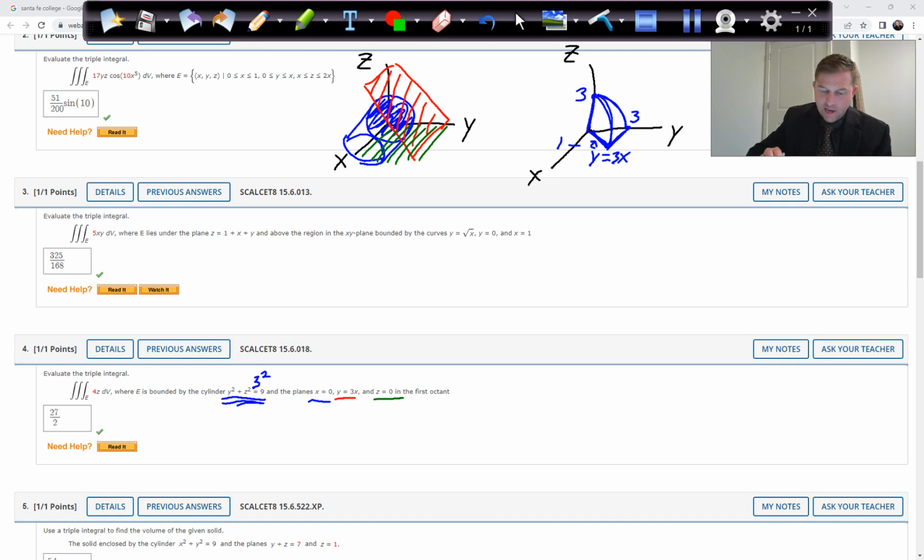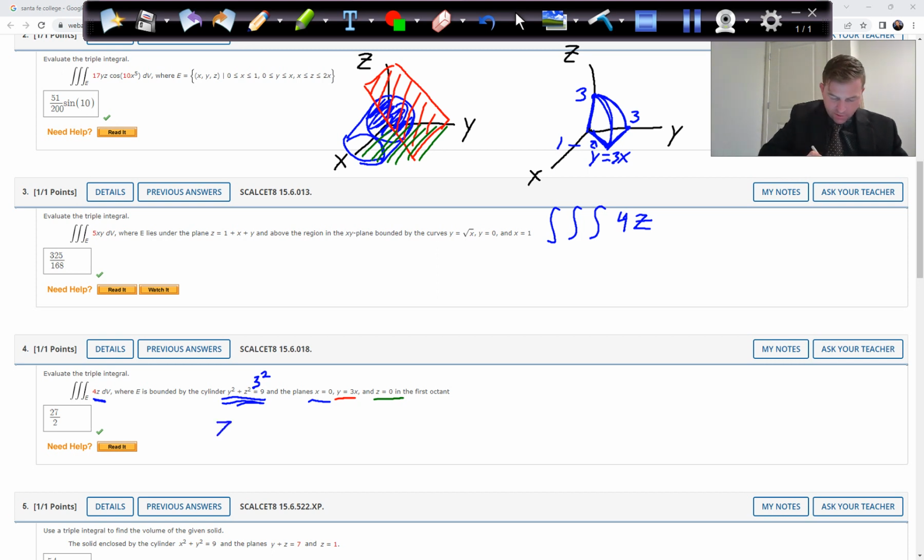Okay, so based on that, we're going to set up our triple integral of this wedge here. The original form was 4z, so it's going to be 4z. And we want to notice that y varies by 3x and 3, and z varies by this kind of complex formula.